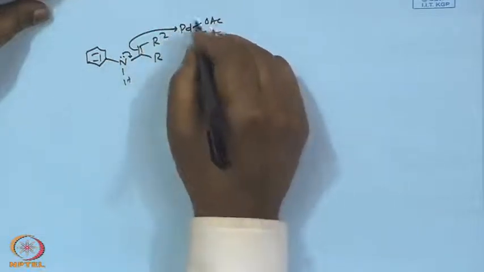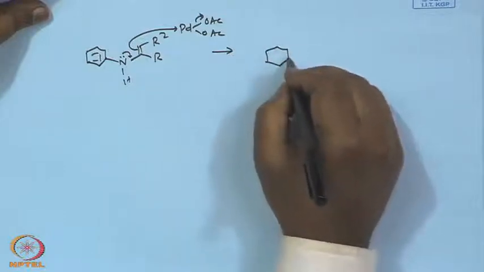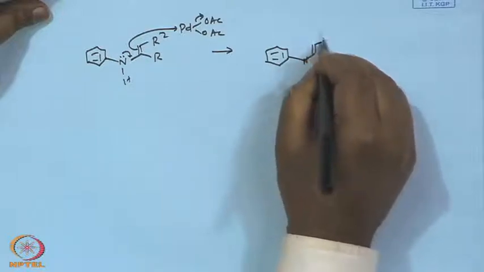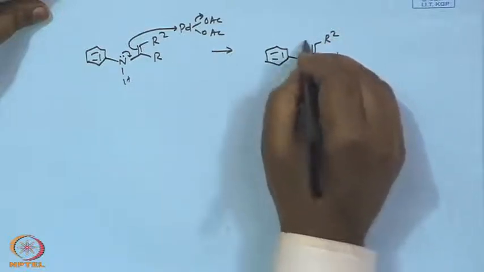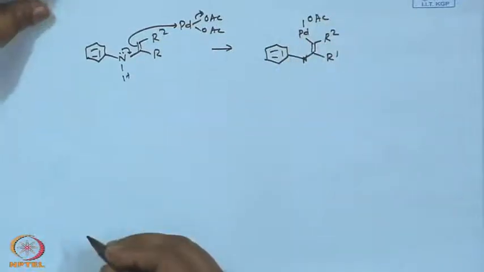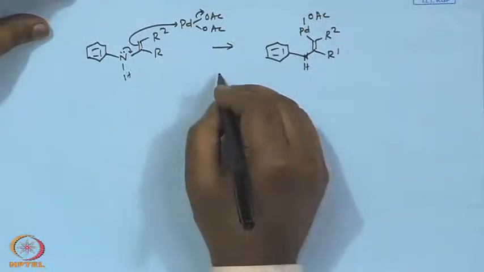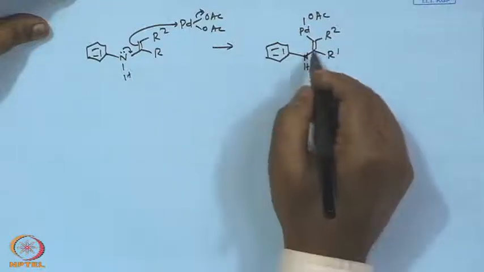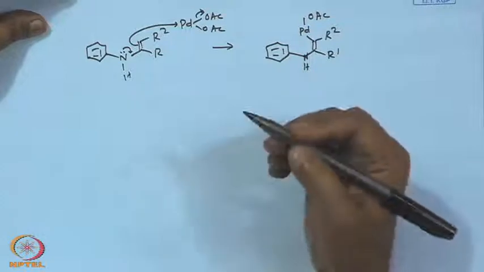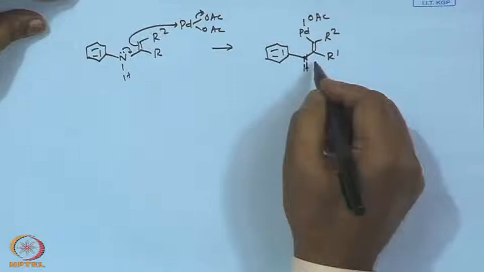So, it goes to palladium, and then further rearrangement. So, what will we be getting? You will be getting R1, R2, and here would be palladium acetate, right, all of us know. And I just skipped the second step, that is the loss of hydrogen from the position where palladium is attached, just like aromatic electrophilic substitution reactions. So, hydrogen is lost, and then you get to this.